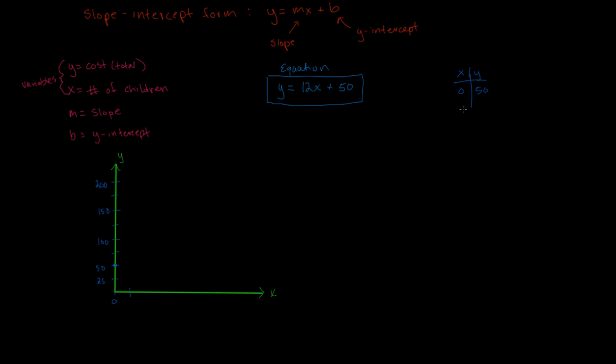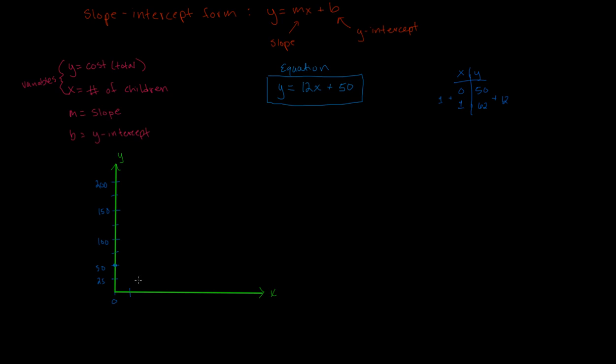But let's say that we have 1 kid. What do we do then? If we have 1 kid, so it's just the birthday boy, and otherwise adults get in for free for some reason, we're going to have to plug in this number 1 for x. So we get 12 times 1, 12 plus 50, gives us 62. You're adding 1 child, and then you're also adding in $12, because for every kid it's $12.